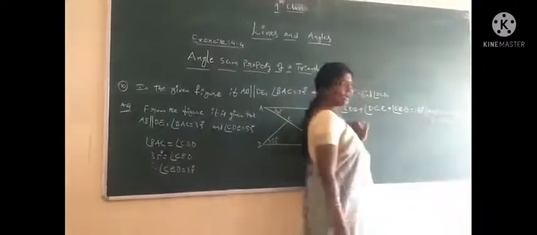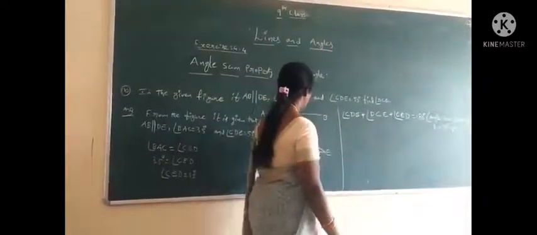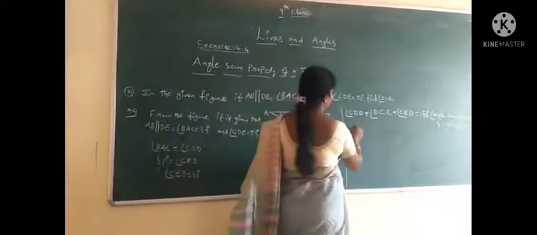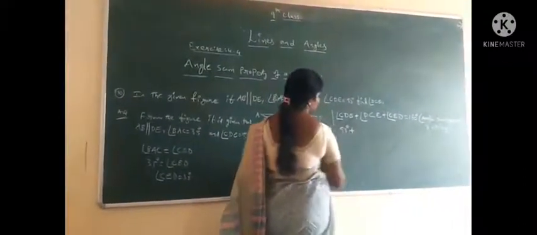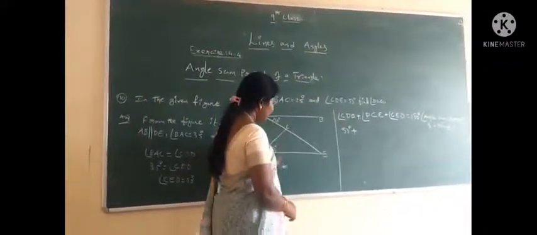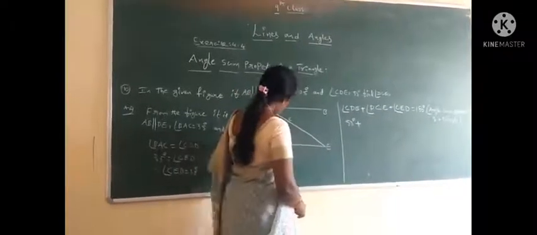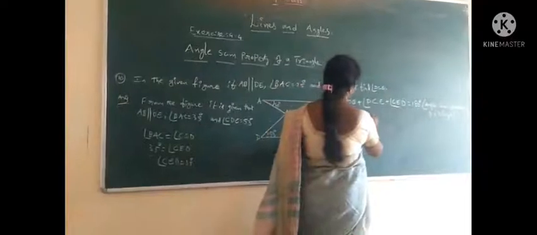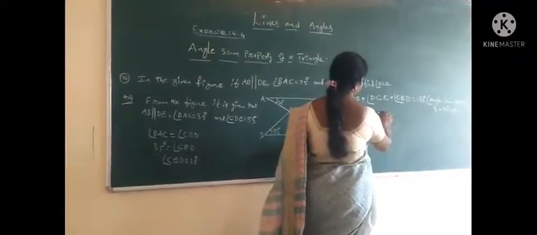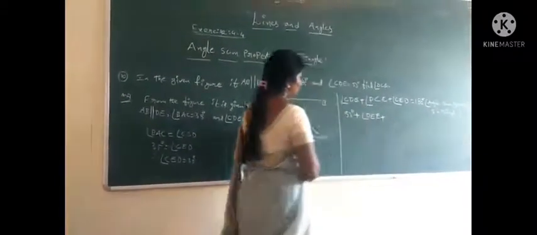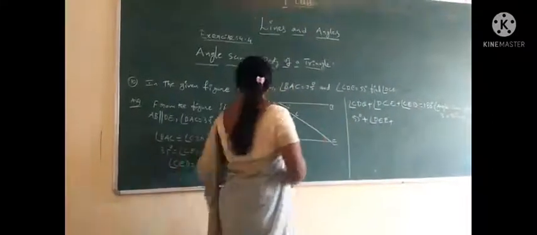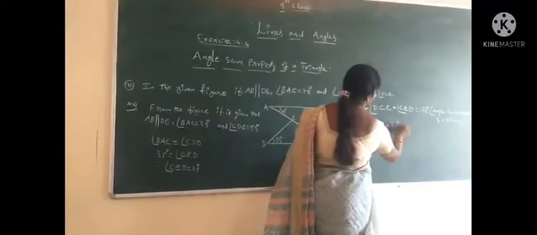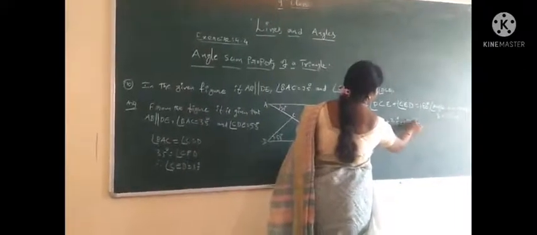So, angle CDE value is 53 degrees plus angle DCE plus angle CED value, 35 degrees, is equal to 180 degrees.